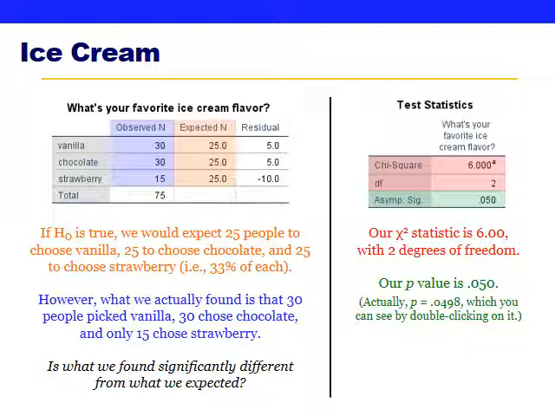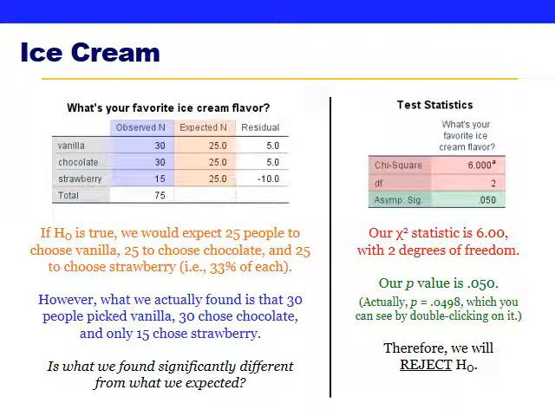This rarely happens, but in this case, what we're going to do is double click on that p-value to get more decimal places. So when we double click on 0.050, what we see is that p actually is equal to 0.0498. So we do have a p-value here that is barely, just by a hair, less than 0.05.